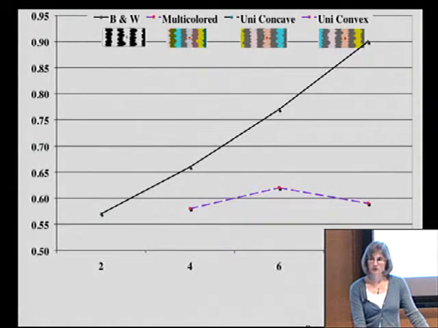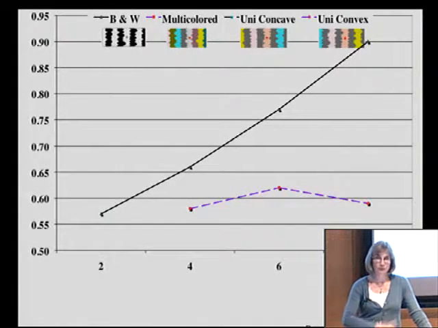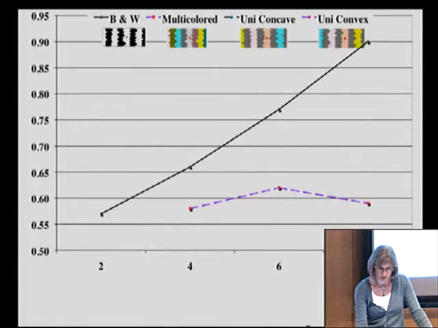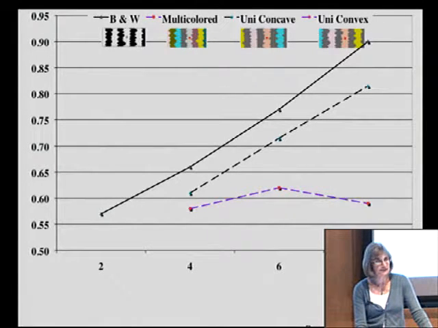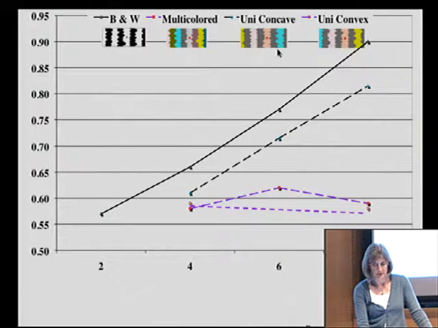So the multicolored displays don't give us our context effects at all. And so that shows us that something like probability summation is not going on here. No effects of context. The next ones are the uniform concave displays. So any of you who are voting for that one, or who could even see it in the demo slides, are right. This is the condition, the uniform concave regions, where we replicate the result with the black and white displays.